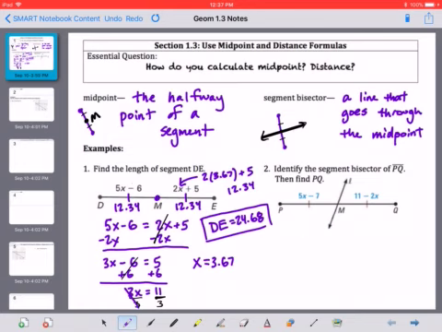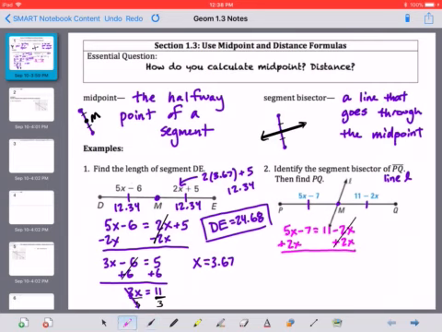Then we're going to use some algebra skills here to find the length of PQ. First of all, we can set up an equation very similar to what we did in example 1. 5x minus 7 equals 11 minus 2x. I'm going to get rid of this minus 2x by adding it to both sides here.